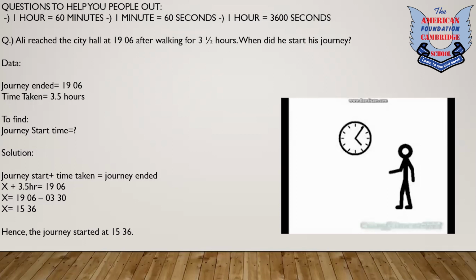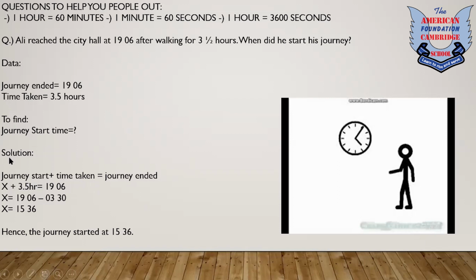The ending time is 1906. The time taken for Ali from home to reach the city hall is 3.5 hours. There is a general formula for this: journey start plus the time taken is equal to the time the journey ended.